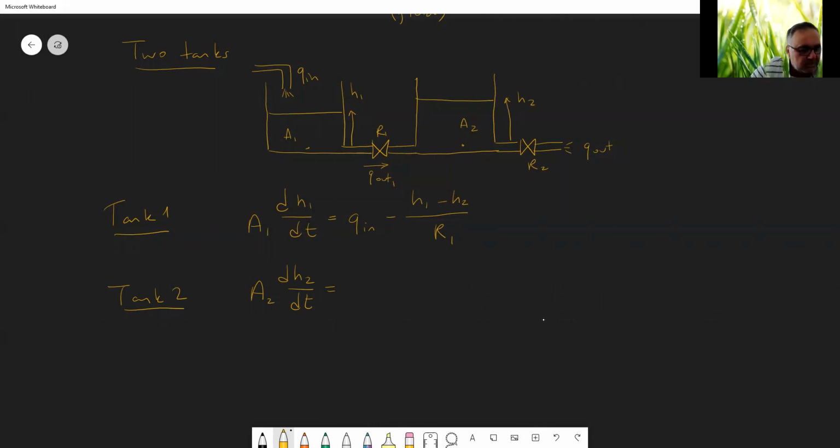This one is not a negative term, it is a positive term now. H1 minus H2 over R1 minus the flow out, which is H2 over R2. Is this clear?